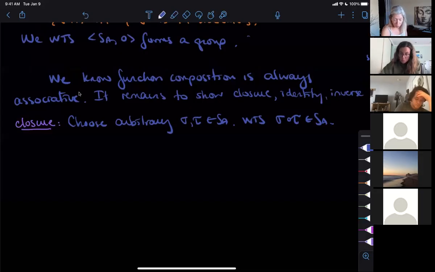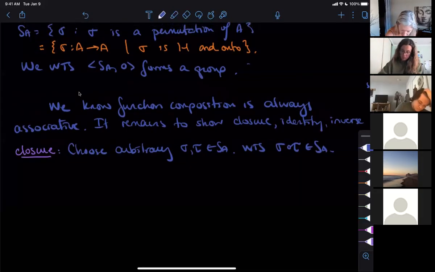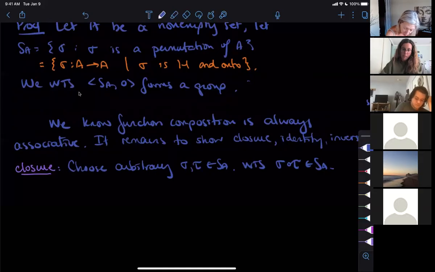The reason that I did this orange step in the first place is that if you're going to show something like this, you need to have a crystal clear idea of what the objects are that you're dealing with. If you're not totally comfortable with the definition of permutation, then you're going to have a really hard time showing that something's a permutation. So I wanted to make sure everybody was on the same page. If I want to show the composition is in S_A, I have to show it is a map from A to A, is one-to-one, and is onto. Those are the conditions. Okay, so let's do that.